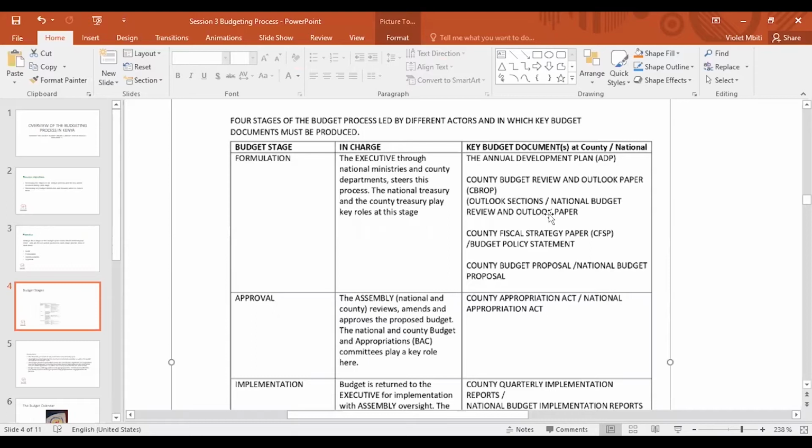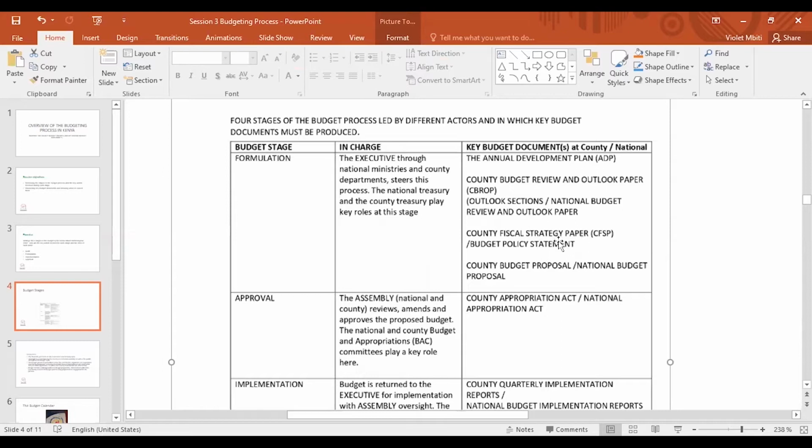It gives the provisional ceilings for those 3 months. But the county fiscal strategy paper gives for 6 months. So you find that the projection they have given in the county fiscal strategy is more realistic when we are looking at the outlook.